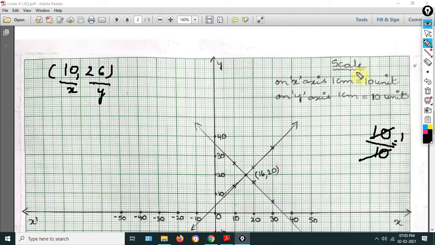Like that, suppose I took here 1 centimeter equal to 20 in place of 10, what will happen? If I took 20, then 20 divided by, in one box how many slight lines will be there? 10. So 20 divided by 10, what will we get? 10 ones are 10, 10 twos are 20. So equal to 2.